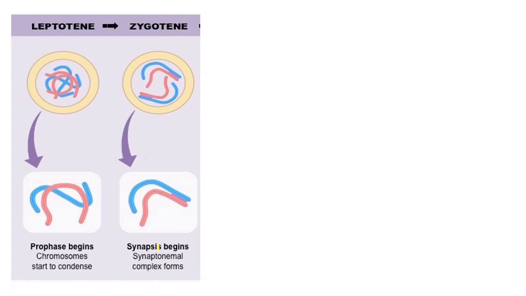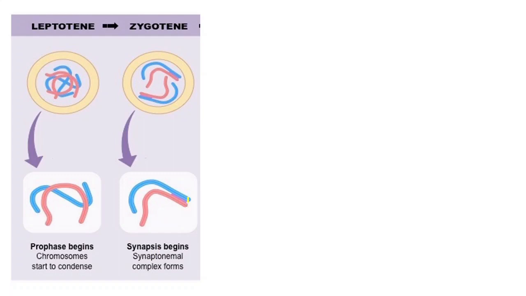In synapsis, what will happen? They will get attached at certain points. The homologous chromosomes, the two chromosomes, lie exactly opposite to each other, and the same characters attach.